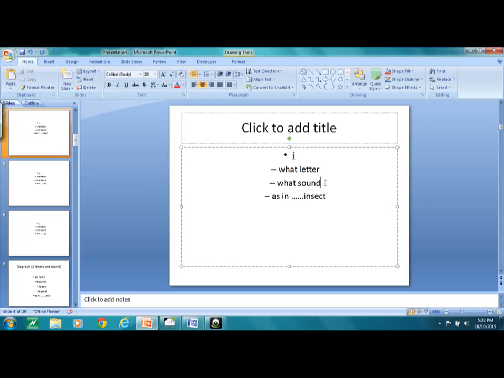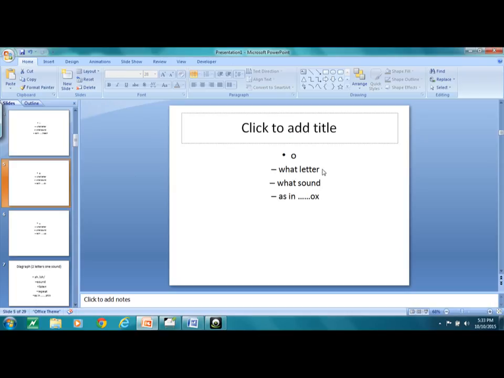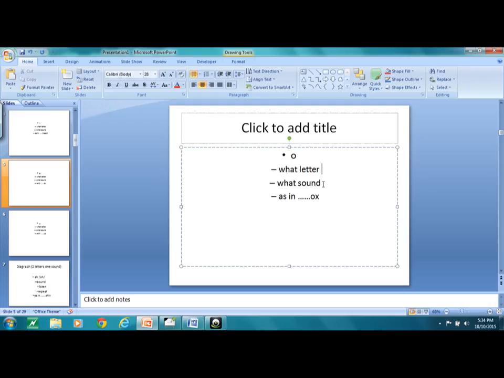I, as in insect. I, insect. O, ox. O, ox. O, ox.